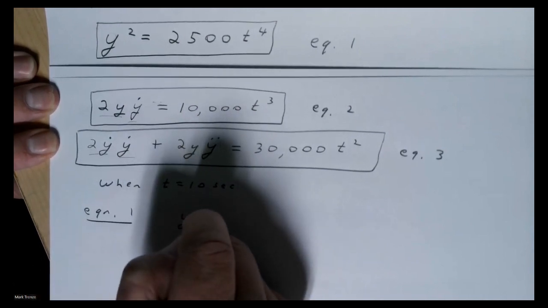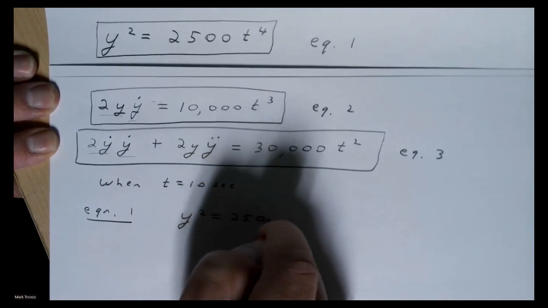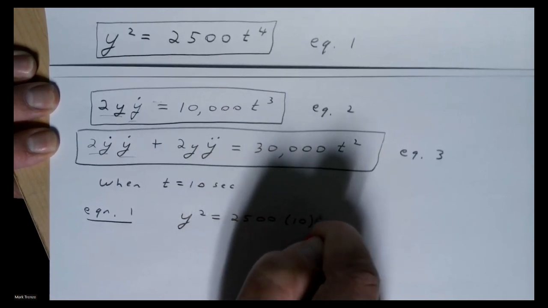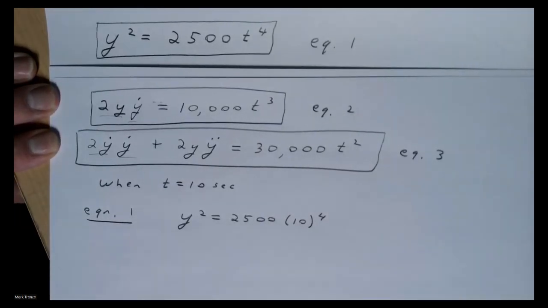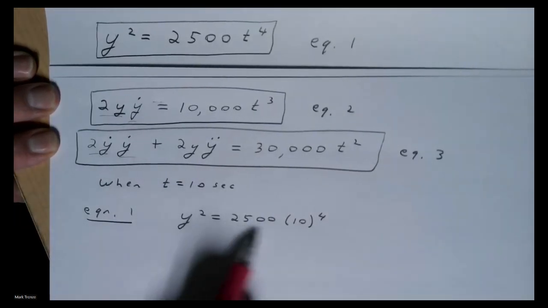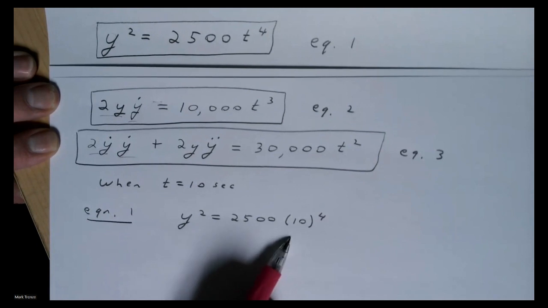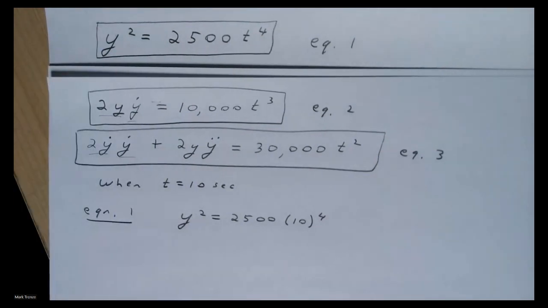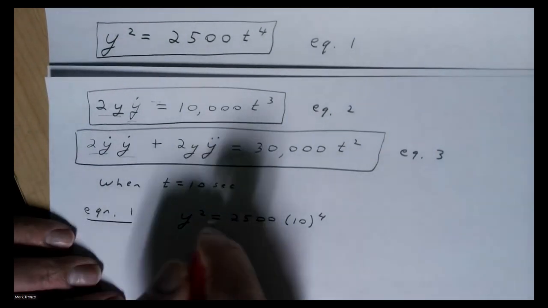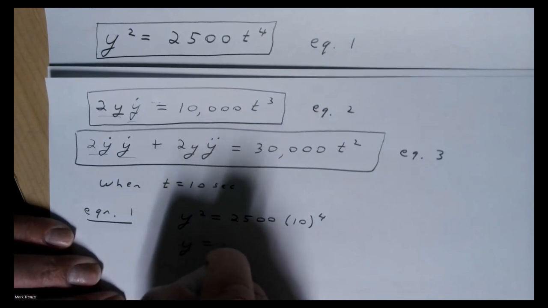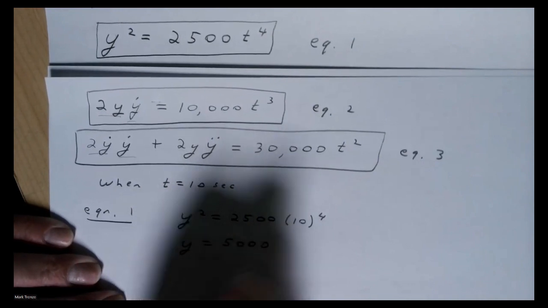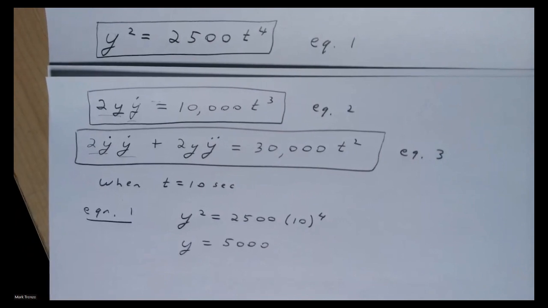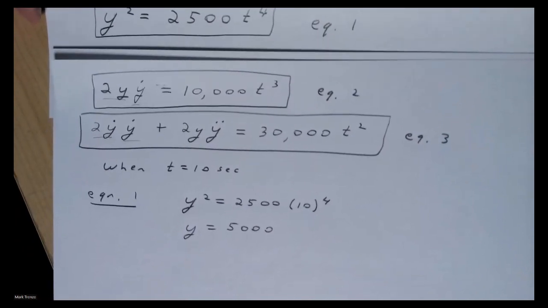We're going to get y squared is 2,500 times 10 to the 4th. And this gives us like 25 million. And then we take the square root of that. When we take the square root, we're going to end up with 5,000 at the y component when t is 10.